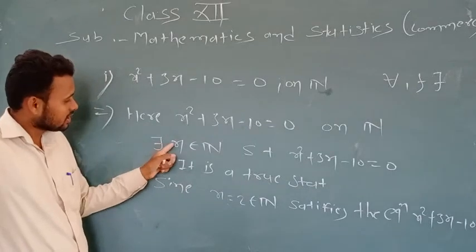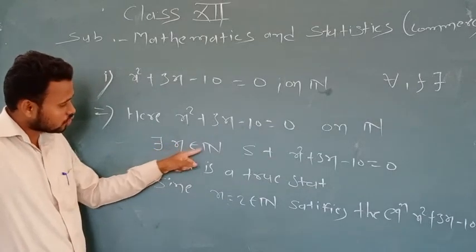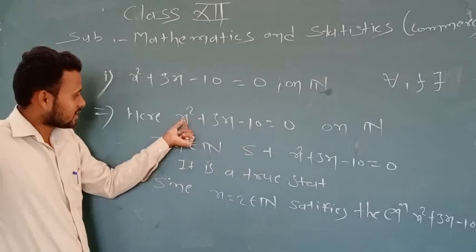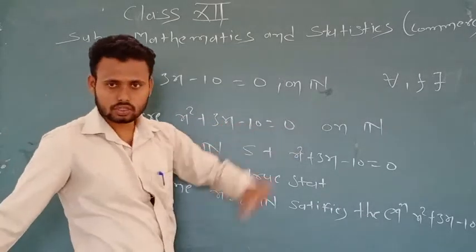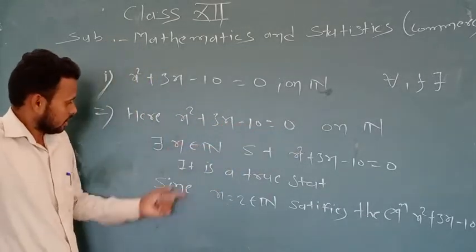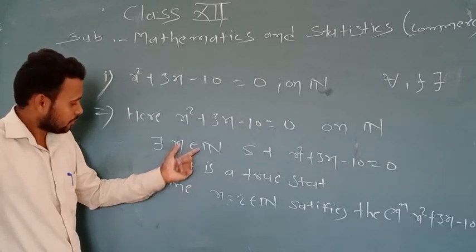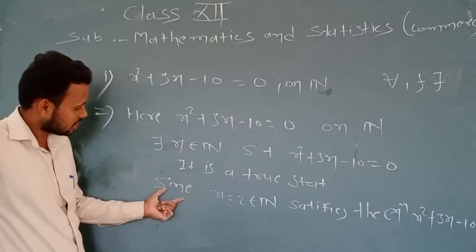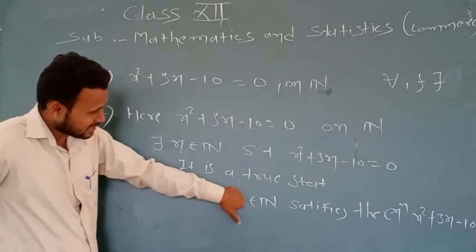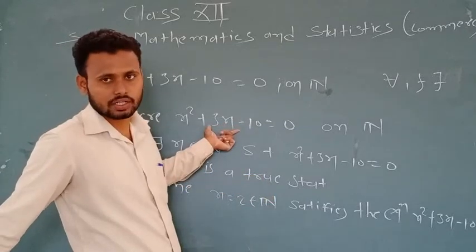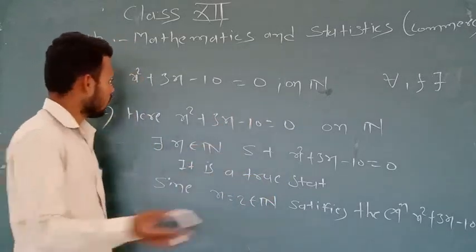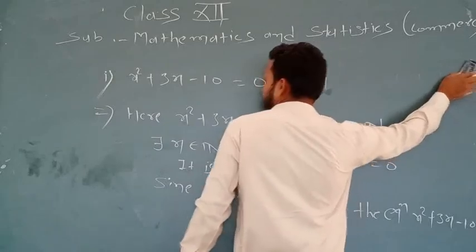Means there exists x belongs to natural number such that x square plus 3x minus 10 is equal to 0. It is a true statement. हे ट्रू स्टेटमेंट झालं. Since x equal to 2 हा नॅचरल नंबर हे इक्वेशन सॅटिस्फाईड करतो. ठीक आहे, which is the required answer.